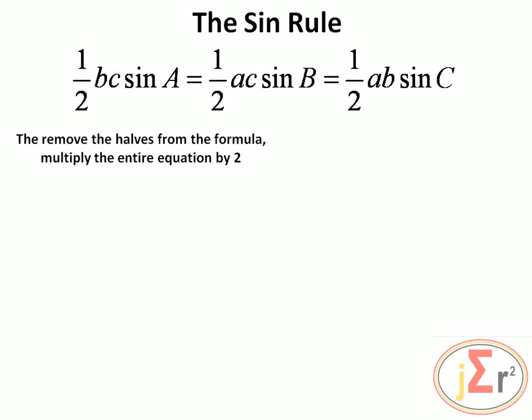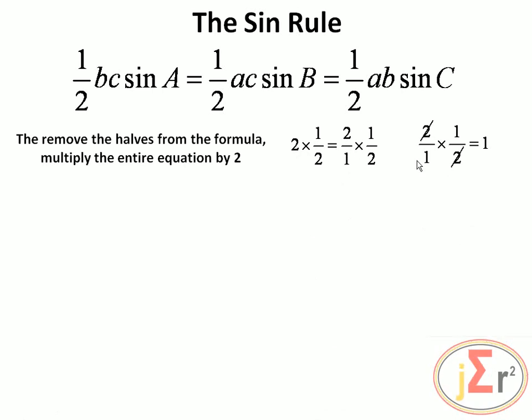We are going to remove the halves from the formula by multiplying the entire equation by 2. So let's do that. 2 multiplied by a half means 2 over 1 multiplied by 1 over 2.